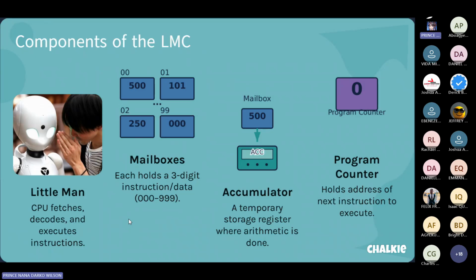All right. Let's continue. So now, components of the little man computer. Let's see what these components do. We start with the little man himself. The little man, which is the central processing unit, fetches data, decodes the data, and executes instructions. Fetching data means the data that the user has given to the machine, the central processing unit retrieves it from storage.